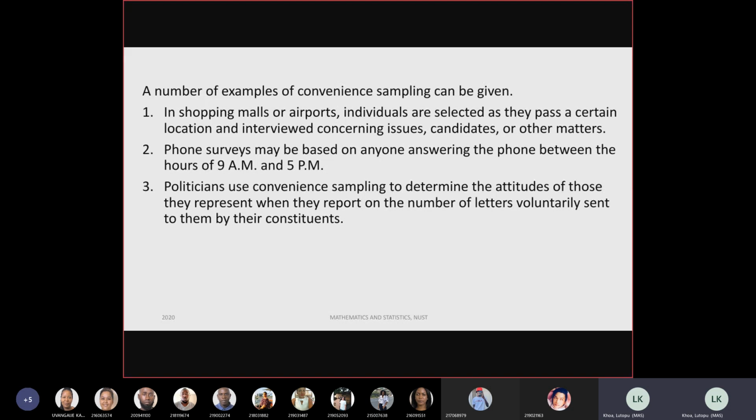Usually people who respond are those who really like you or those who really do not like you. Or even people who think it's convenient for them to send these back. So it doesn't really give an idea of the population. So it is not very reliable. It's quite biased.